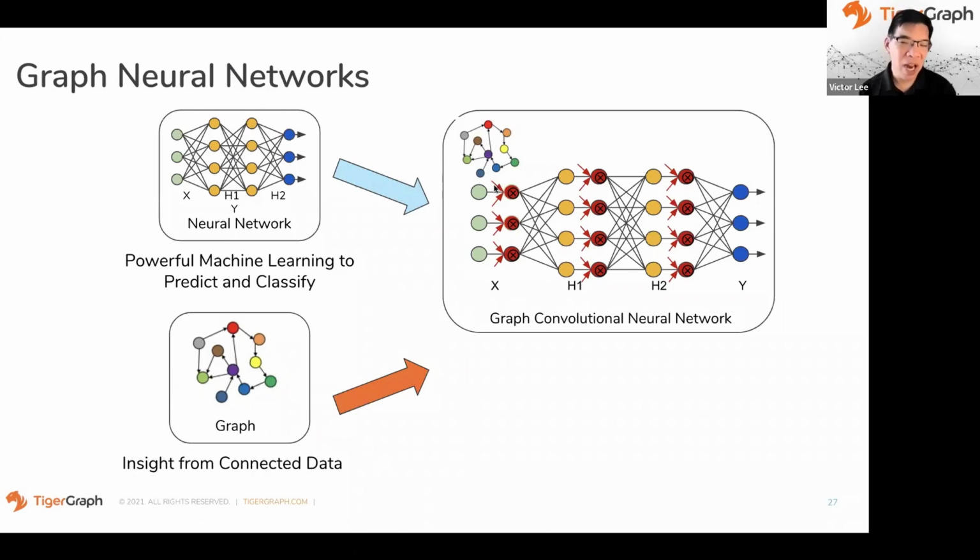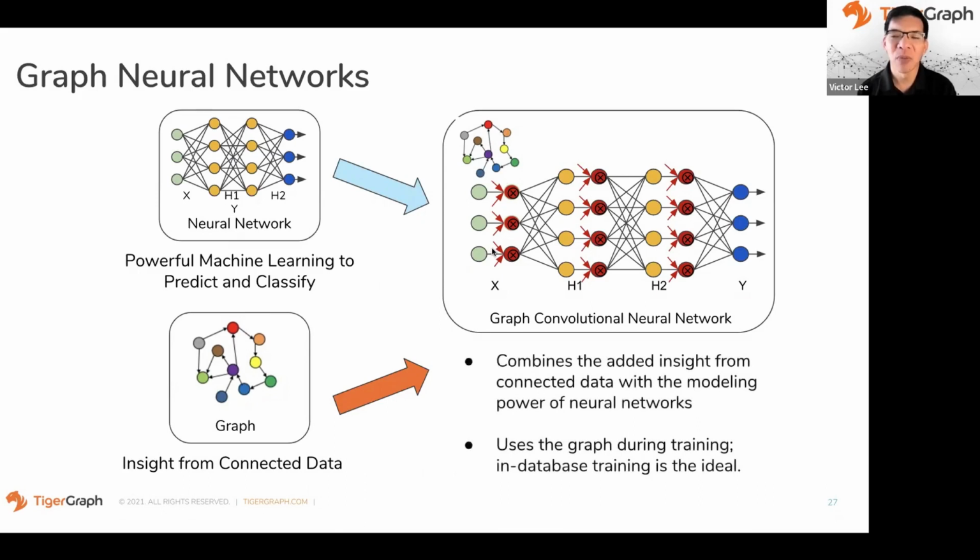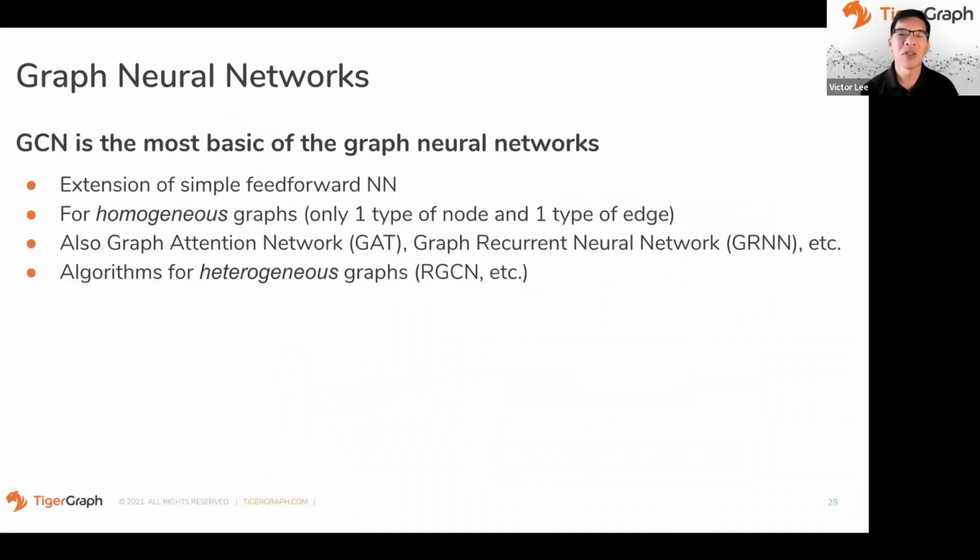And maybe it's an averaging, maybe it's something a little more complicated than averaging, but in some way you combine, or convolve, as they say, the features of this with its neighbors. And that's where the graph information is coming in, looking at neighbors. So it combines the added insight from connected data with the modeling power of neural networks. And so you're actually using the graph structure during the training. It's not just a pre-processing step, but you actually use the graph during the training cycle.